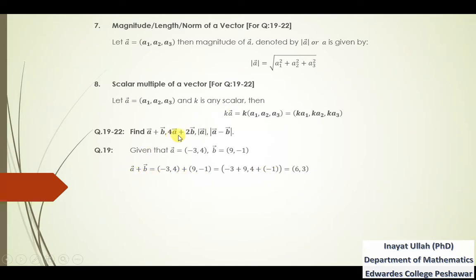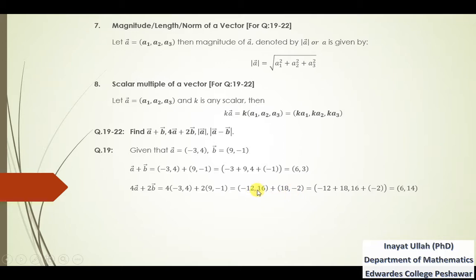Now 4A plus 2B is equal to 4 times vector A plus 2 times vector B. That is the scalar multiple topic, so multiply the 4 inside. 4 times -3 is -12, and 4 times 4 is 16. For B, 2 times 9 is 18, and 2 times -1 is -2.